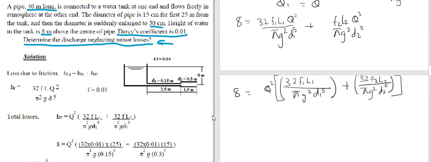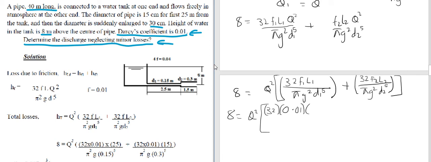And simply let us put in the things that we know. 8 is equal to Q square into bracket 32 times, what is F1? Note they gave the Darcy coefficient for both pipes, so that means F1 and F2 are equal. So that is 0.01.